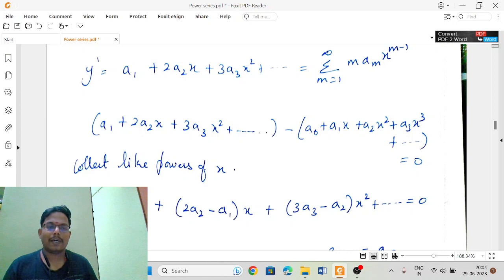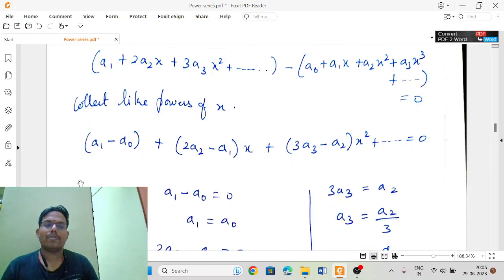For example, a1 and a0 are constants, and 2 a2 minus a1 has x as a coefficient, and for x square we have 3 a3 minus a2. Once we have this, all these terms are equal to 0. Obviously x is not 0.